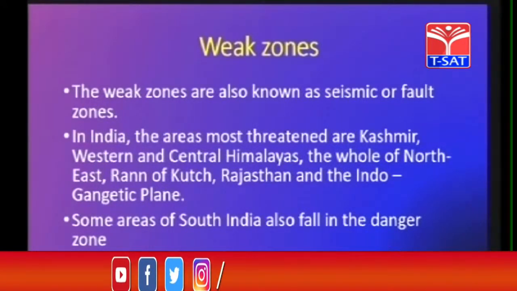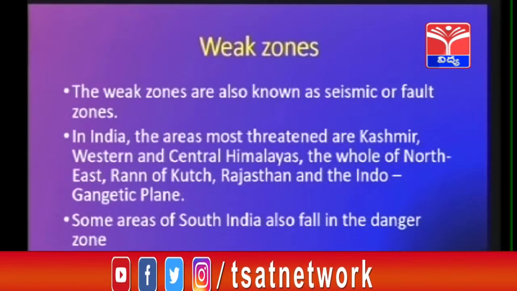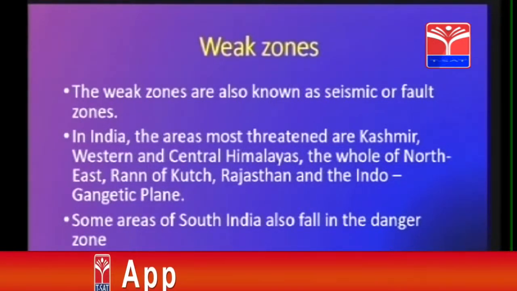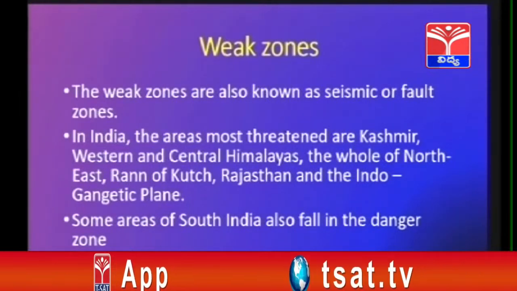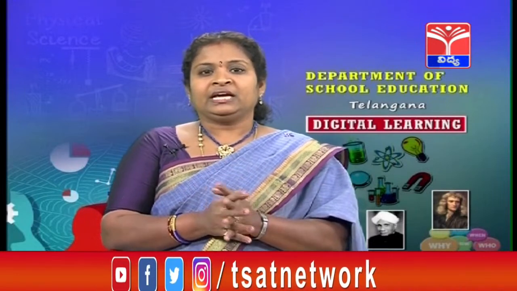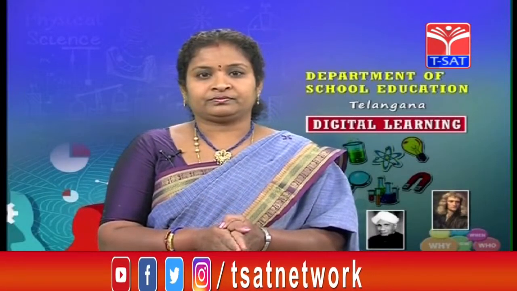The whole of Northeast, the Rann of Kutch, Rajasthan, Indo-Gangetic Plain, these are all the places which are called weak zones. That means we can see earthquakes more frequently. In South India also, there are some areas which fall under the danger zone.